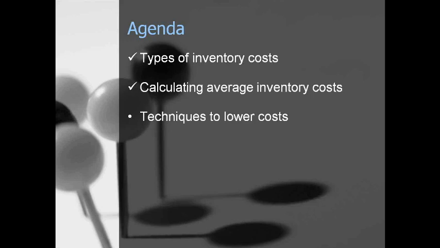Now, in supply chain management, we are always being pressed to reduce cost. And what we're going to talk about for the rest of this presentation are some techniques you can use as supply chain managers to lower these costs that you incur carrying inventory.